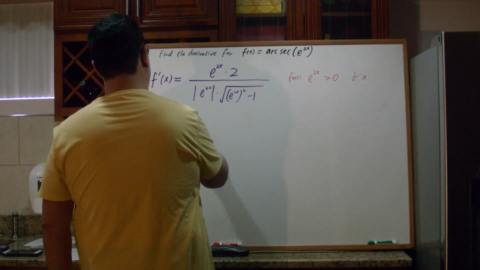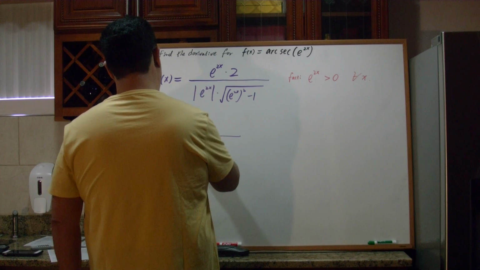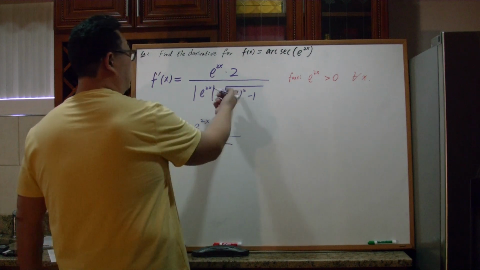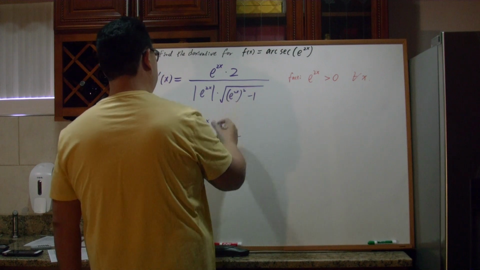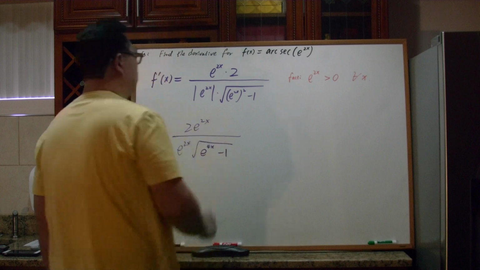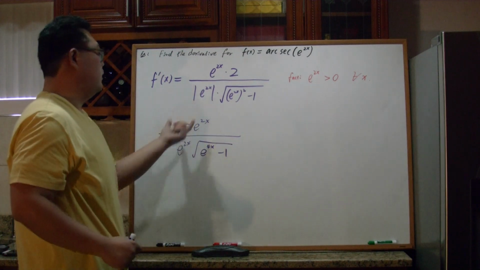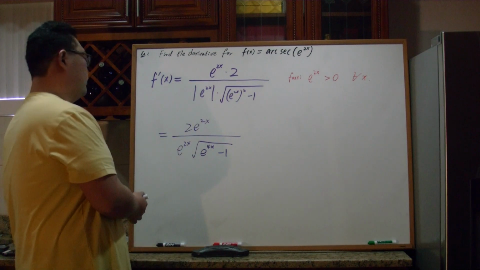And then we get 2 e to the 2x over e to the 2x times the square root of, the power of a power is the product of the powers, right? e to the 2x to the second power is e to the 4x, 2x times 2 basically. And since the absolute value we can take out because of the fact, we're able to reduce it.